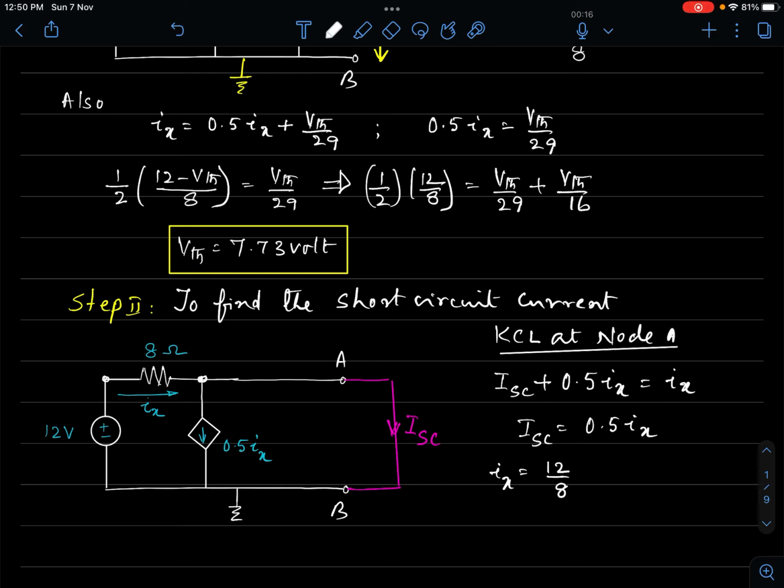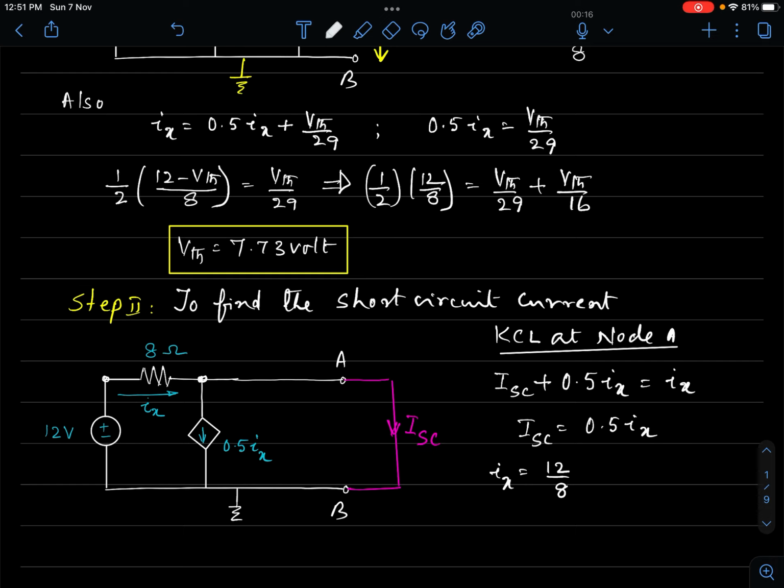It is simply 12 divided by 8. That is what the current is equal to. So half of Ix is 12 by 16.